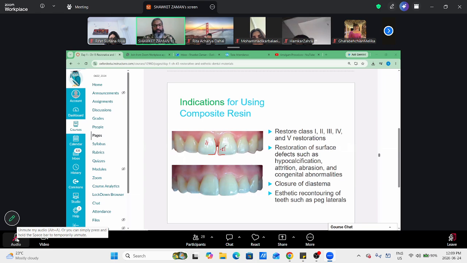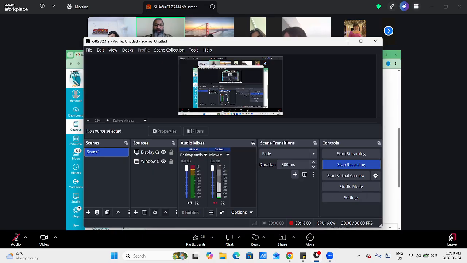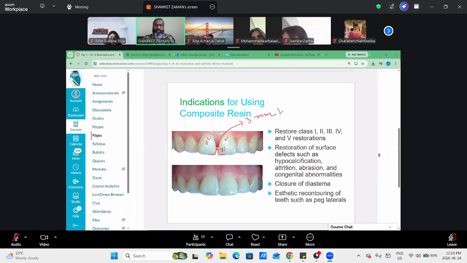If we see a gap between these two maxillary central incisors that is more than 3 millimeters, that is a diastema. If it is less than 3 millimeters, it is not a diastema.